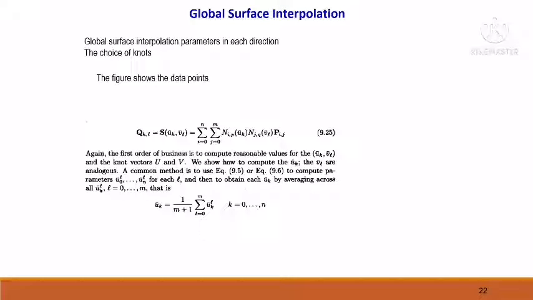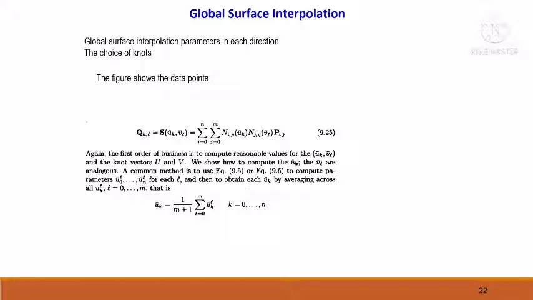We show how to compute uk and vl, which are analogous, and a common method is to use the above equations to compute parameters from u0 to un for each l, and then we obtain each uk by averaging across all the ukl from l equal to 0 to m, where for each fixed l, uk for k equal to 0 to n are computed.